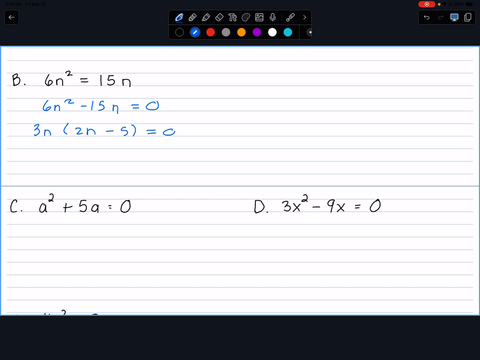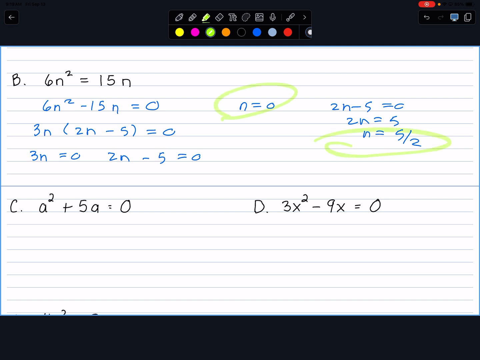From there, either 3n equals 0 or 2n minus 5 equals 0, which is going to leave us with either n equals 0 or 2n minus 5 equals 0, 2n equals 5, n equals 5 halves. So our answers are 0, 5 halves.